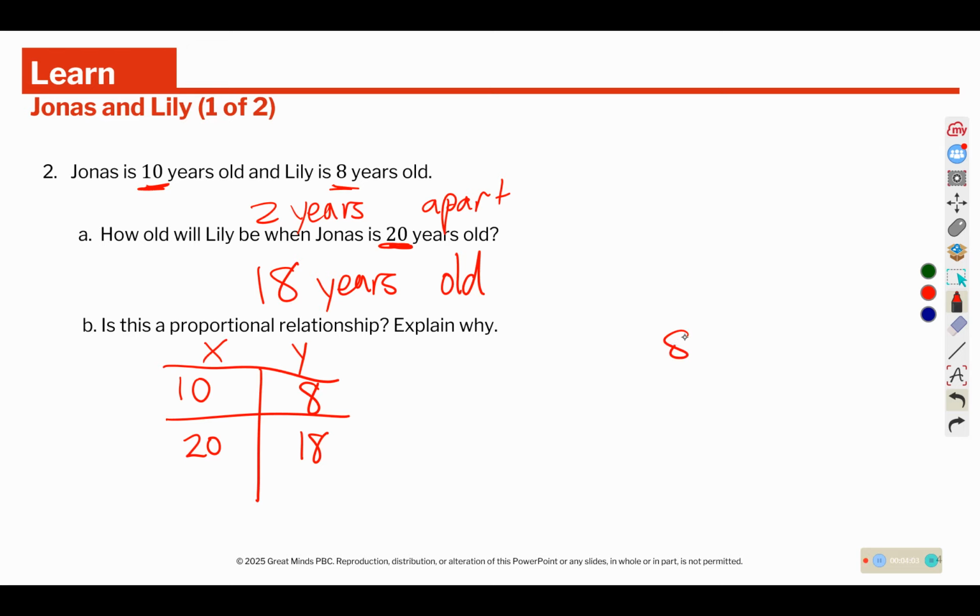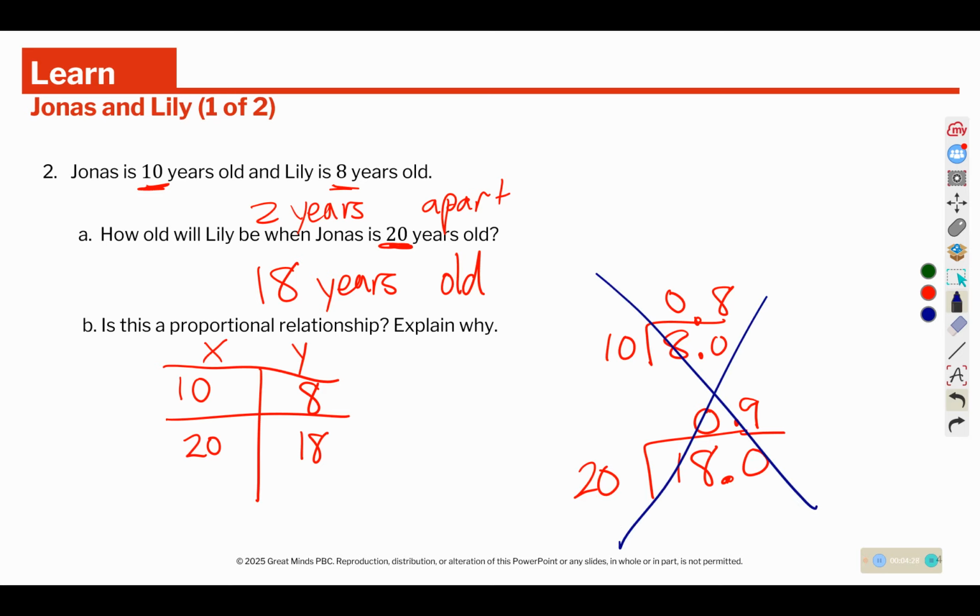Well, 8 divided by 10. 10 doesn't fit into 8, but it fits into 80 exactly 8 times. Well, let's look at 18 divided by 20. 20 doesn't fit into 18, but it does fit into 180 9 times. Those decimals are not the same. So this is not a proportional relationship.